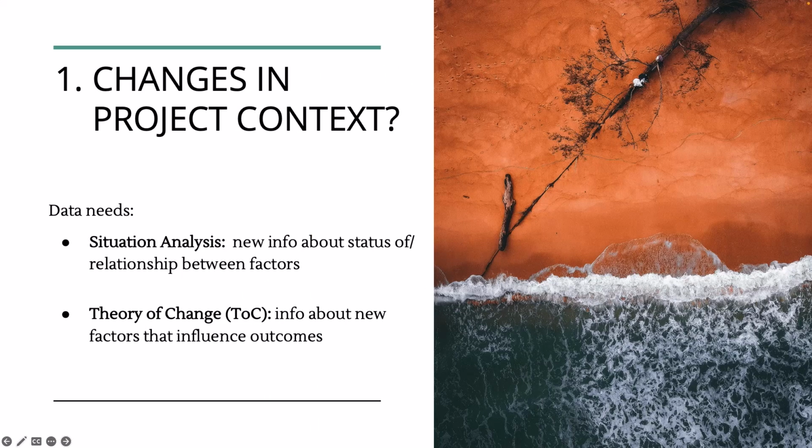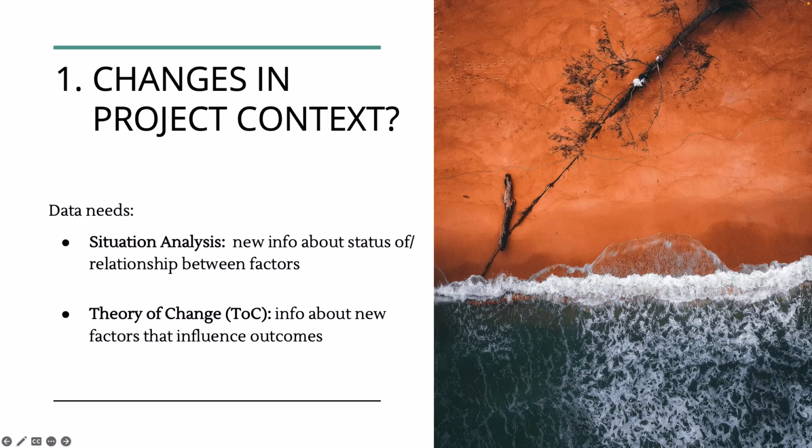For this first question, we need to track and prepare any information that we uncover about the status of or relationship between factors in our situation analysis. For example, in our situation analysis, we may have had some uncertainty or lack of information about the status of a conservation target, the ranking of threats, or the relative effect of contributing factors on each direct threat.